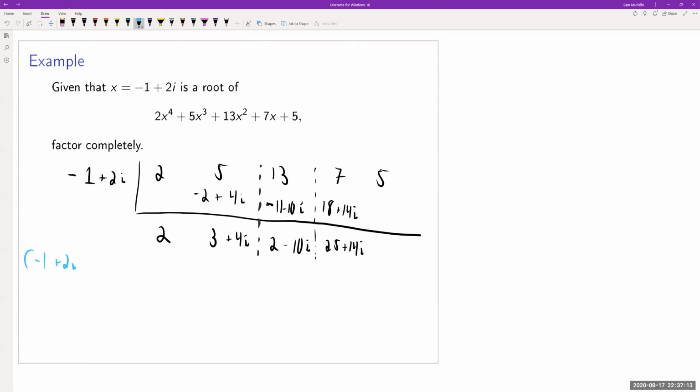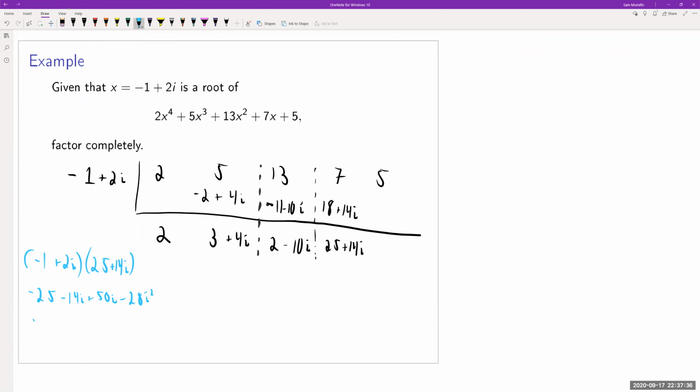-1 plus 2i multiplied with 25 plus 14i will give me -25 minus 14i plus 50i minus 28i squared.